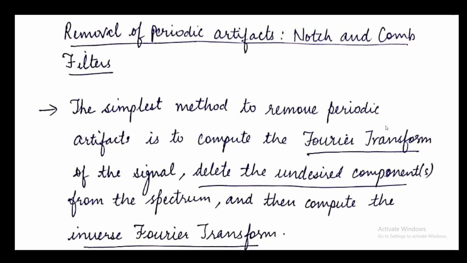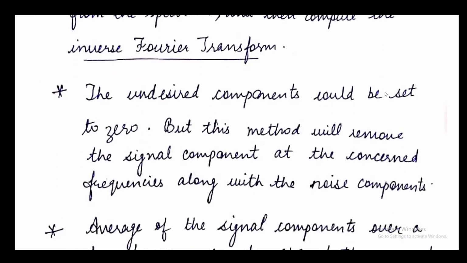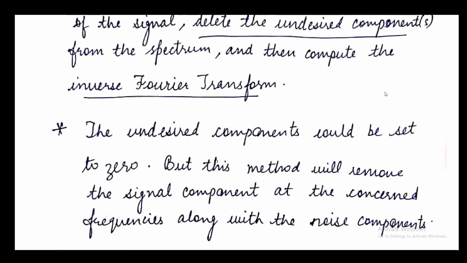That will give us a signal which does not have that particular noise at that particular frequency. In this, the undesired components could be set to 0. But this method will remove the signal component at that particular frequency along with the noise component.